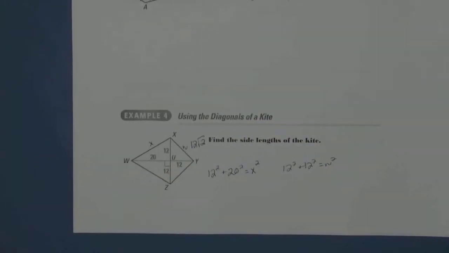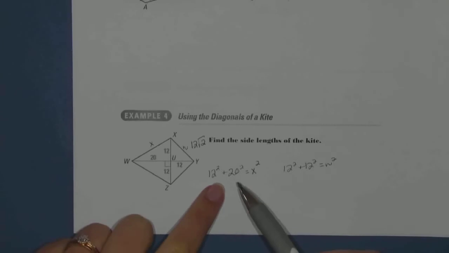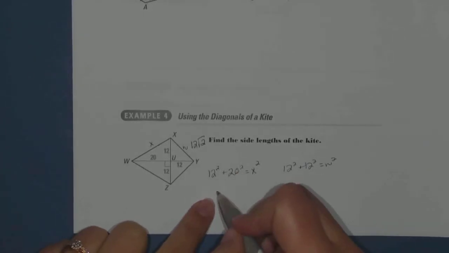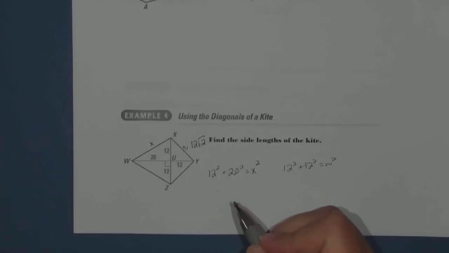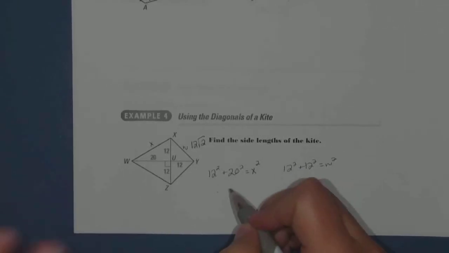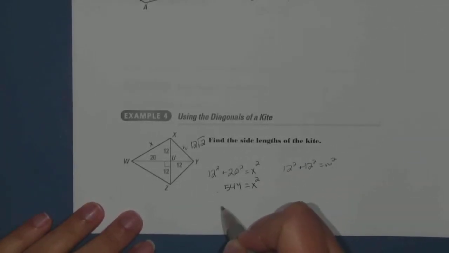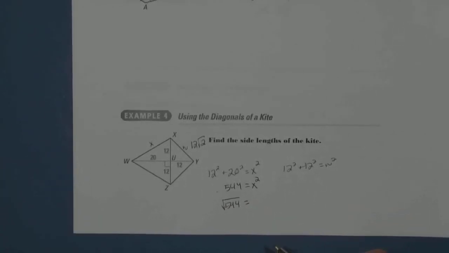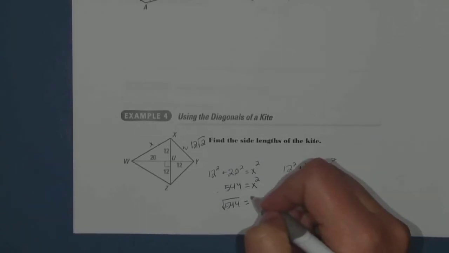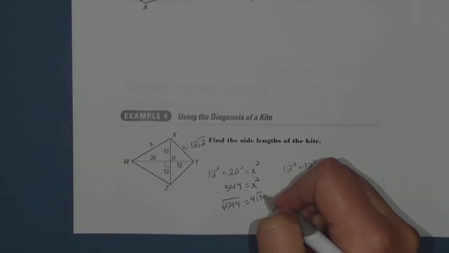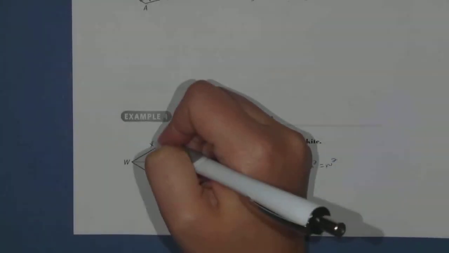Or you could just solve the Pythagorean theorem. When you work this out, I think it's 544 equals x squared. So when you square root that, the radical, when you simplify it, is 4 root 34. And that would go here.